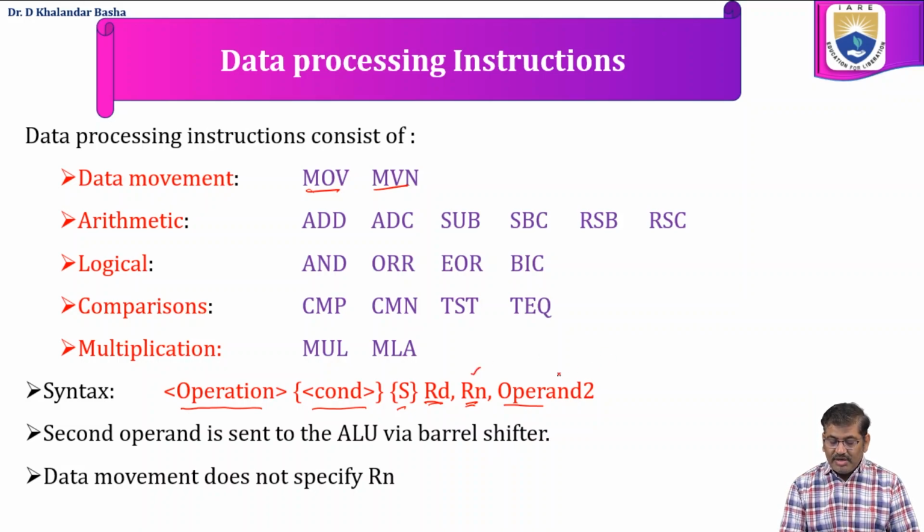This is the first operand, and this is the second operand that will be sent to the barrel shifter. The data movement instructions do not specify Rn. Whereas for the remaining arithmetic, logical, comparison and multiply instructions, Rn may be present, but for data transfer instructions, there are only 2 operands, that is Rd and operand 2.